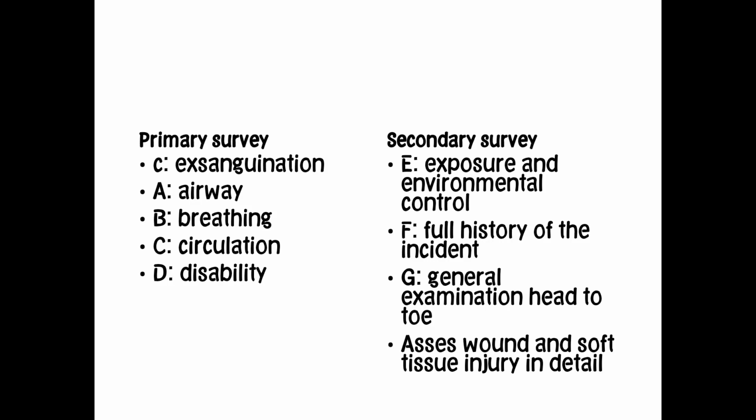Under the primary survey, of course, we assess for exsanguination, if the patient is having any signs of severe bleeding, and then you assess their airway, if it is patent, if there could be issues to do with tension pneumothorax, or obstruction, as it can be either solid or fluid aspiration.